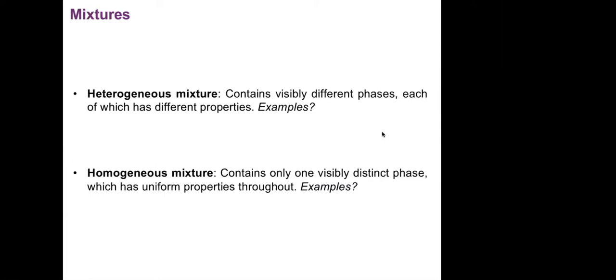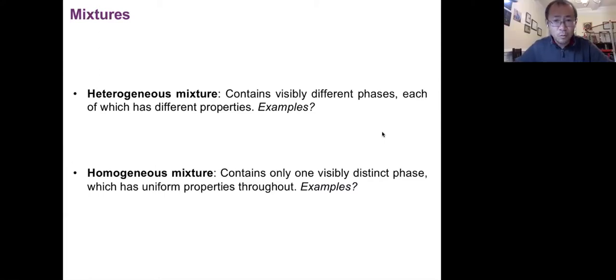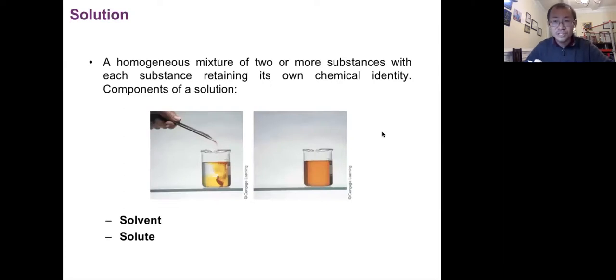Very good. Now, if you all understand what a homogeneous mixture and a heterogeneous mixture are, then you know what a solution is, because a solution is a homogeneous mixture. We don't call it a homogeneous mixture anymore, but we call it a solution.